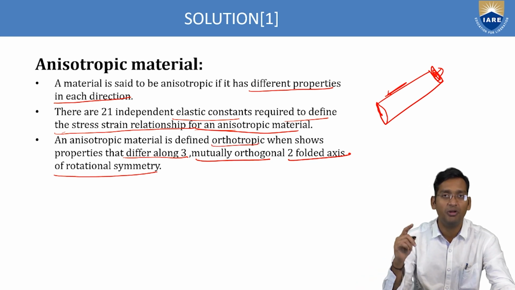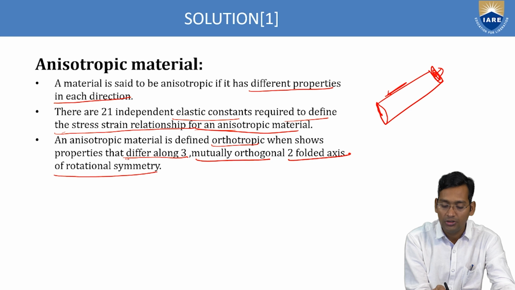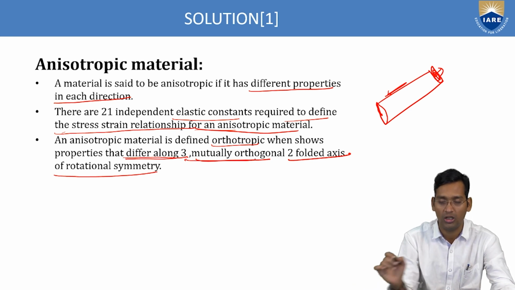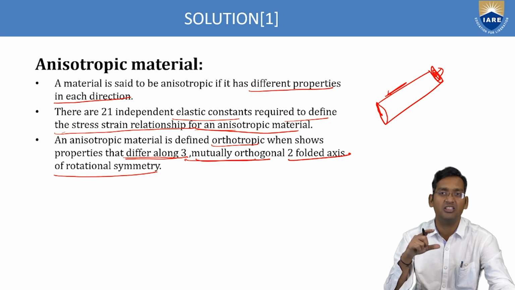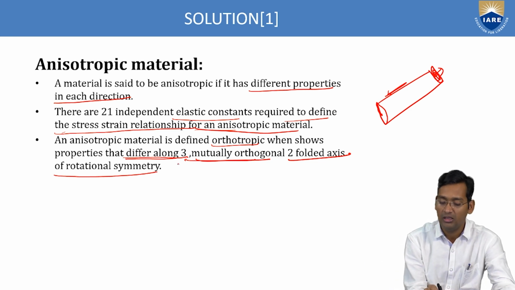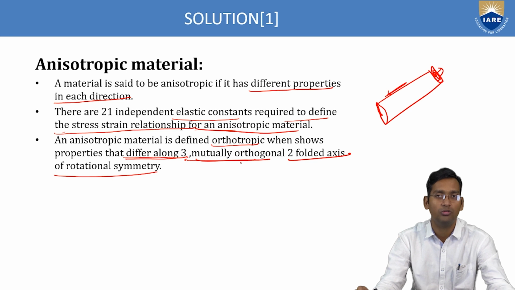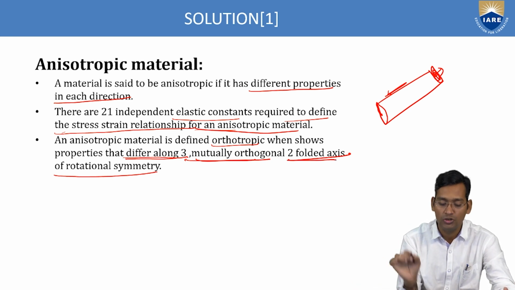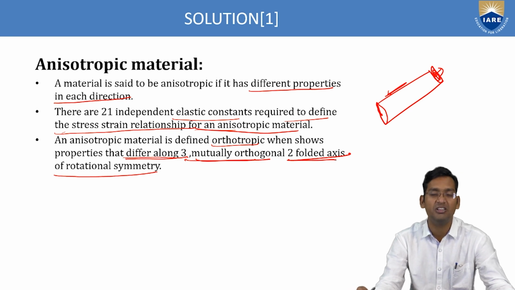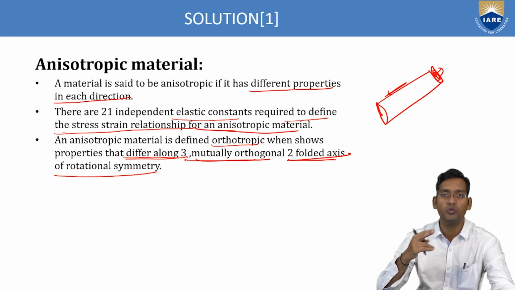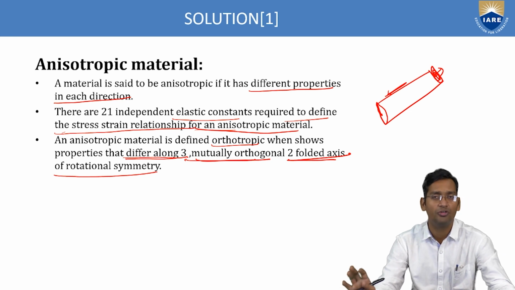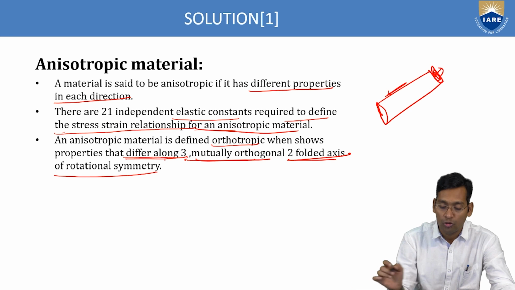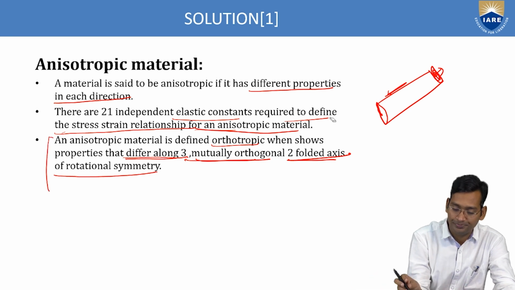Here x, y, z are mutually perpendicular, and the properties should differ along these 3 mutually orthogonal directions. Then, after folding along 2 axes, it should have rotational symmetry. Then the anisotropic becomes the orthotropic. So this condition is important.